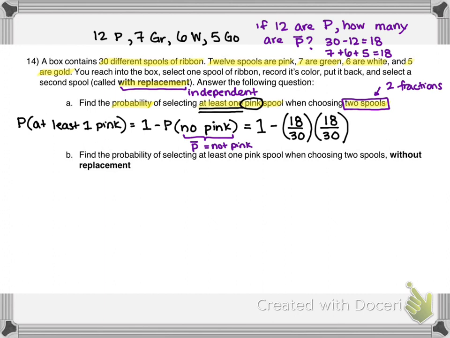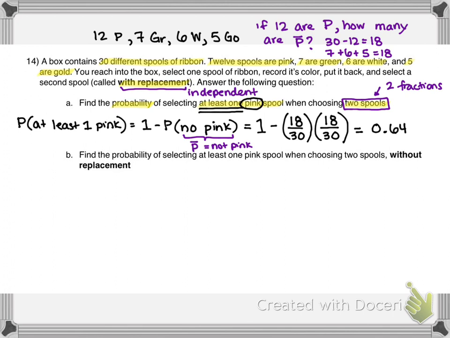That means no pink spools were chosen. So I want to do this subtraction, and if I put that in my calculator, I got 0.64, okay?